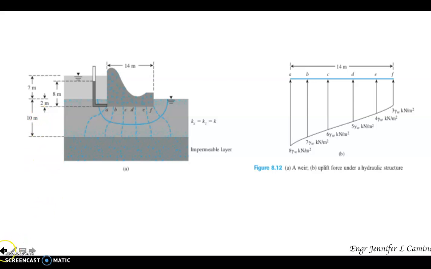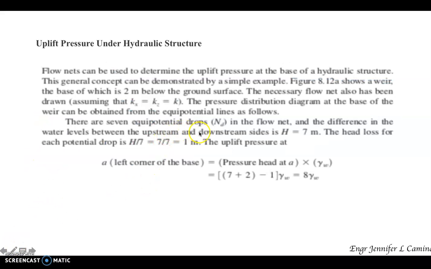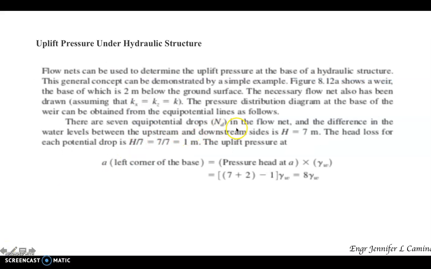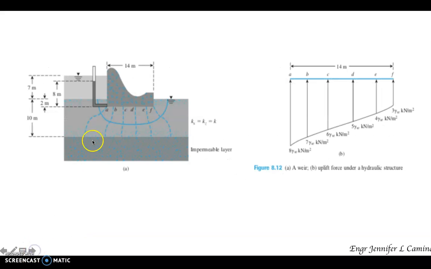For the equipotential drop, it is identified that the equipotential drop is 7. Meaning, for the equipotential drop, you just have to count off the number of spaces between equipotential lines.